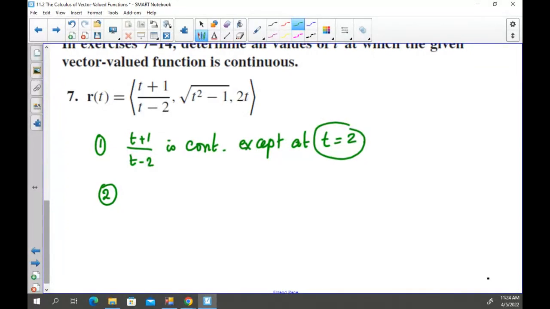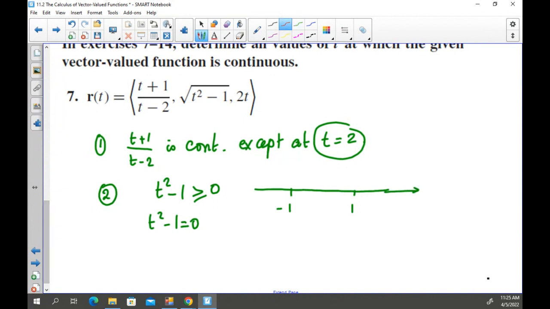Second, the second function: t squared minus 1 must be greater than or equal to 0. Otherwise, we have a problem. Now, how do we solve this? You may solve it equal to 0. That will give you two values, minus 1 and 1.